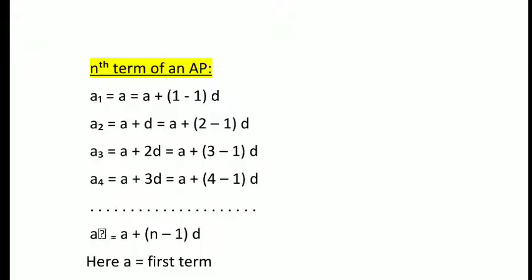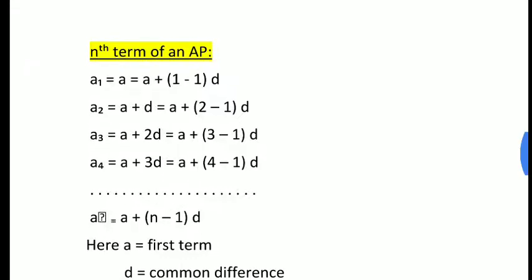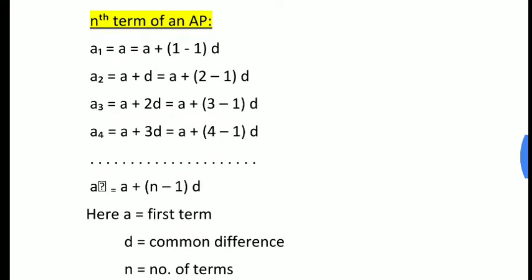The fourth term is a plus 3d, a4, and this a plus 3d can be expressed in the pattern a plus 4 minus 1 into d. If you calculate, 4 minus 1 is 3, so a plus 3d. I think we have no problem understanding. If you simplify, easily this pattern matches the given terms.